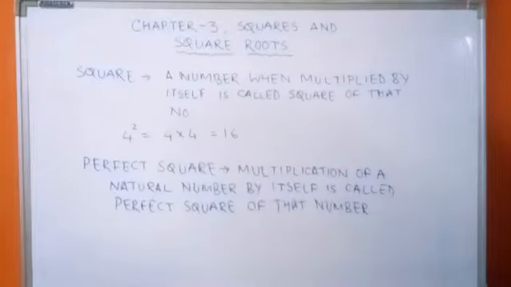That means when a natural number gets multiplied by itself, it is called a perfect square of that number.